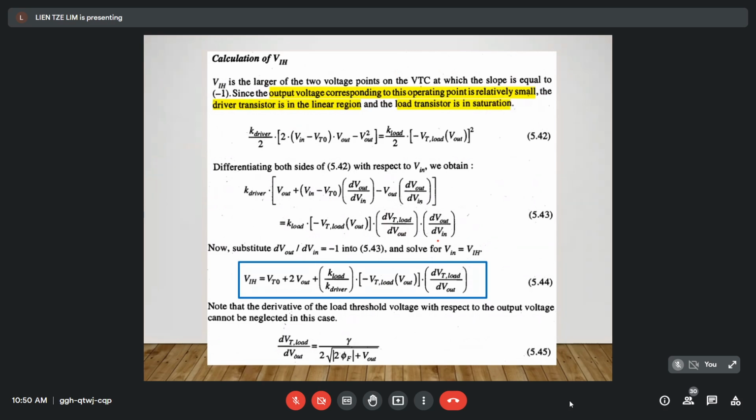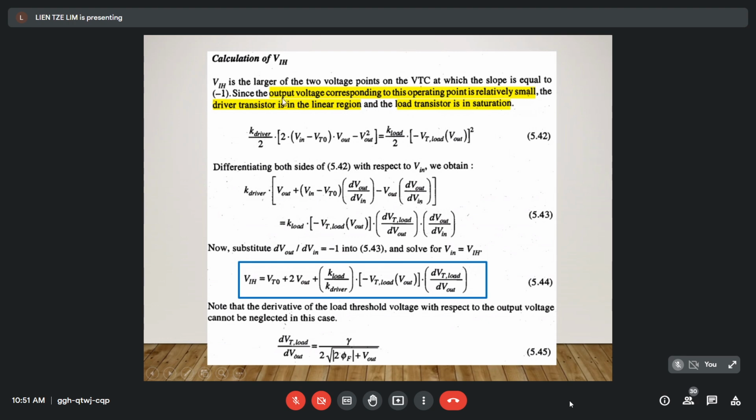The last one is about the calculations of VIH. VIH is the larger of the two voltage points on the VTC at which the slope is equal to -1. This is the other slope point, at VIH.